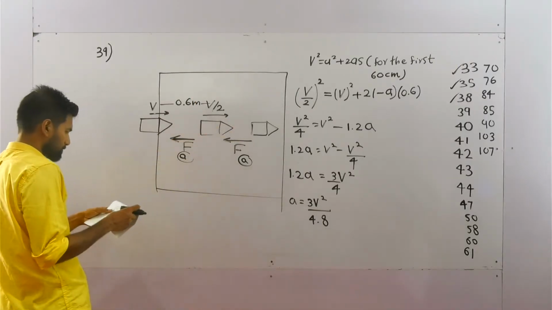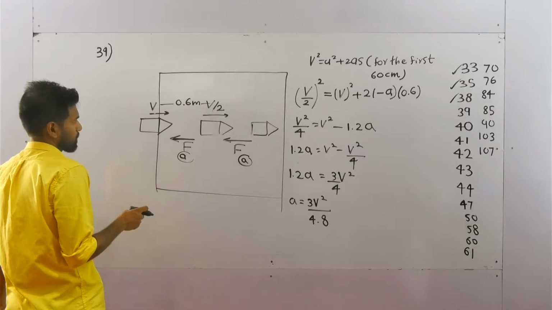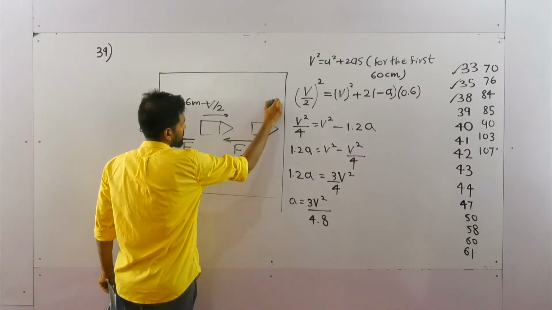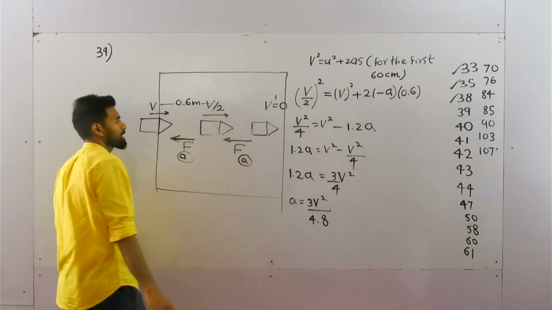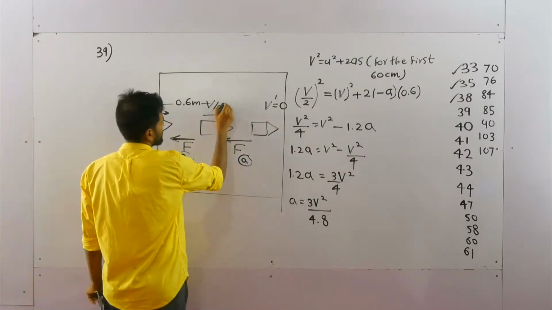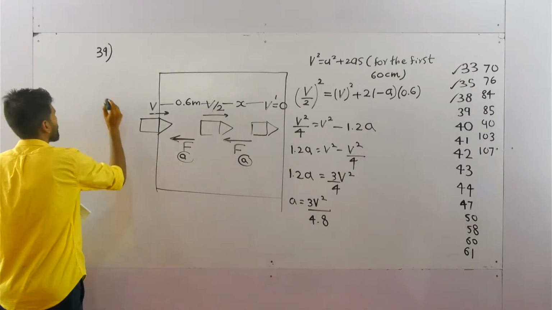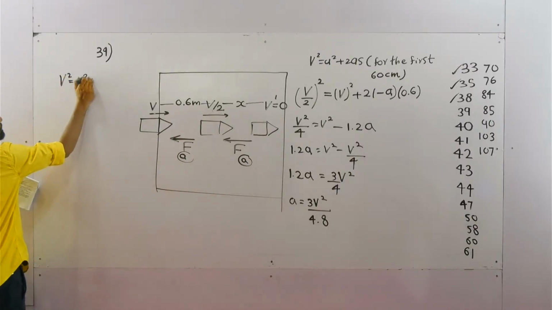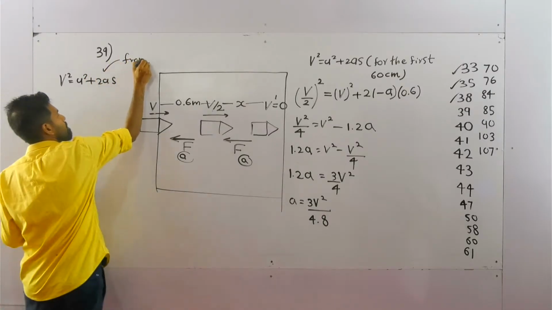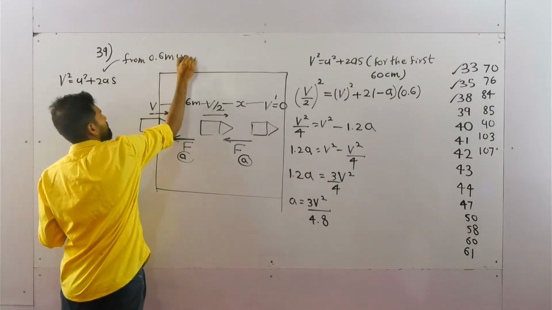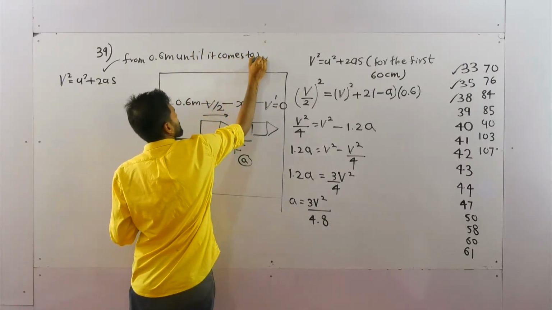So what they ask: it comes to rest after penetrating a further distance of x. It comes to rest means its final velocity will become 0 after a further distance x. Now applying v square is equal to u square plus 2as from 0.6 meters until it comes to rest.